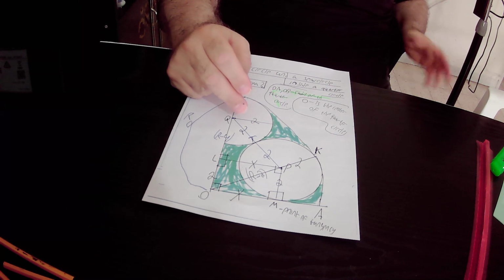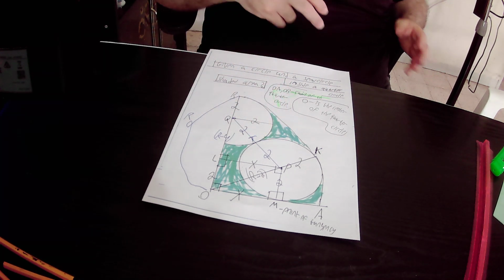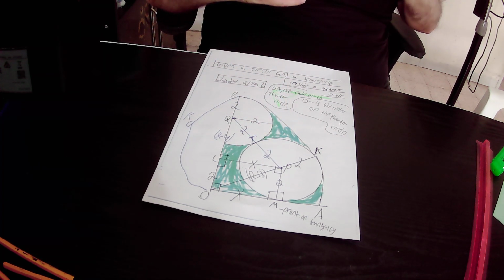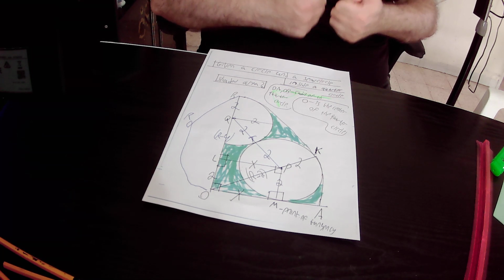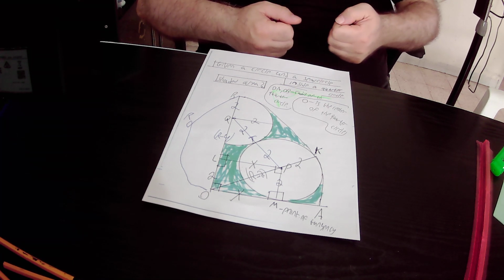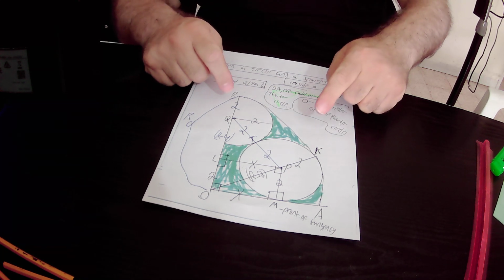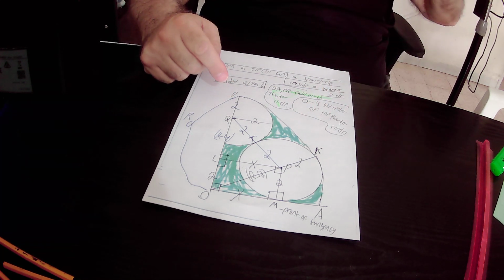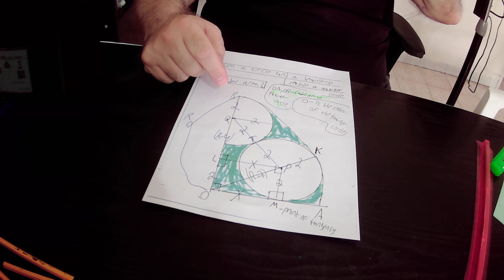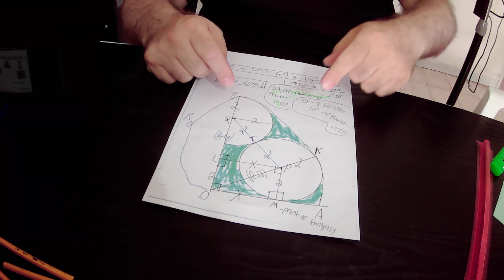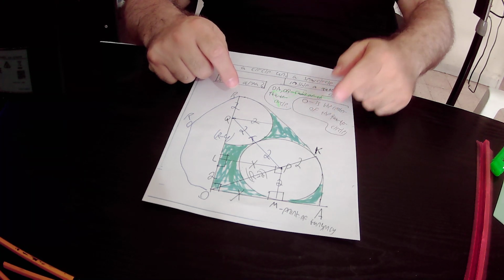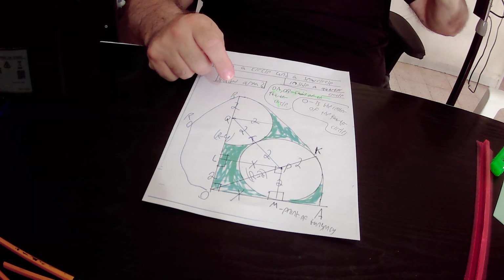That is to say, they are touching each other externally at point T. And whenever you have two circular shapes that are touching each other externally, then the straight line that joins their centers together must pass through their touching point. I repeat again, the straight line that joins their centers together must pass through their touching point.